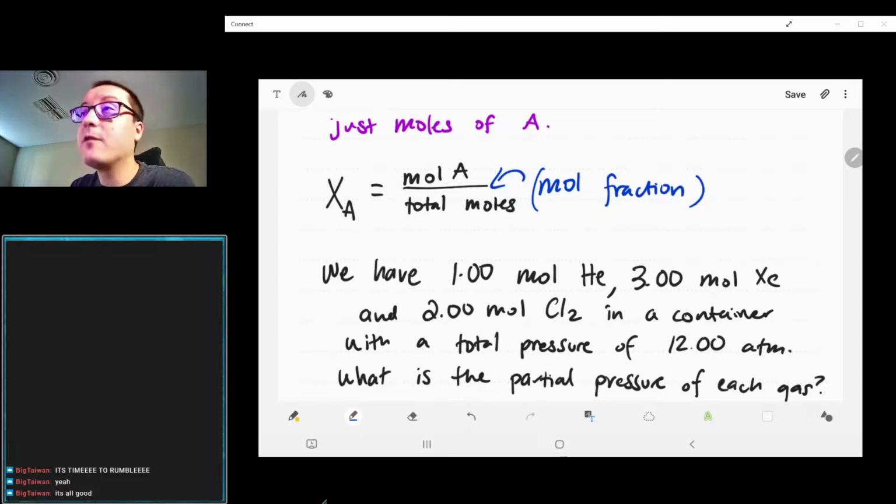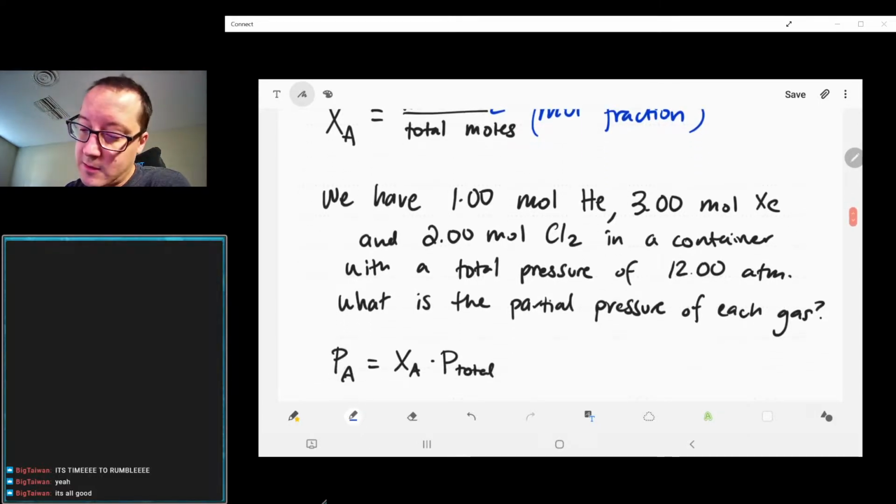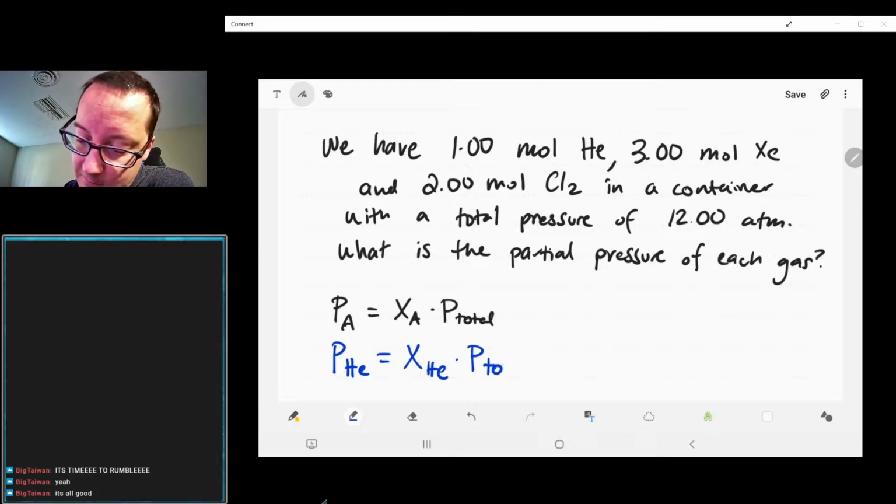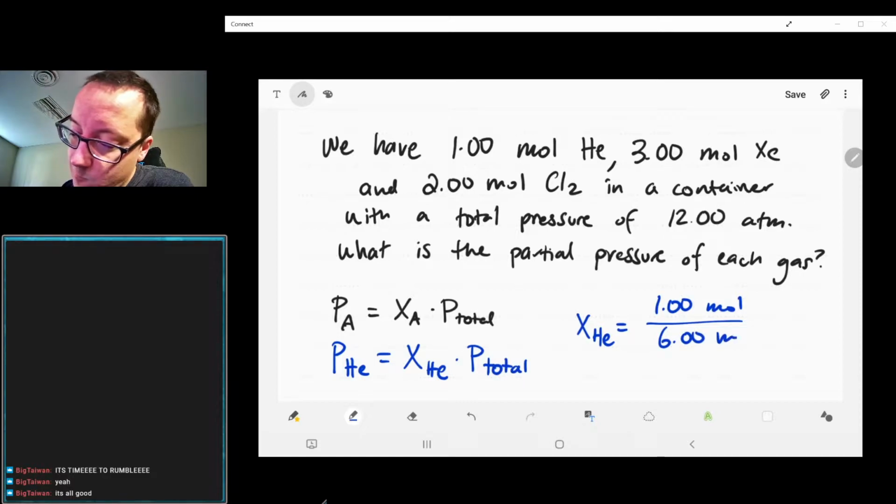That's this stuff. Okay. So, if we're looking at, let's say, helium, that would be equal to the mole fraction of helium times the total pressure. The mole fraction of helium is the moles of helium over the total moles. There are 6 total moles here, right?